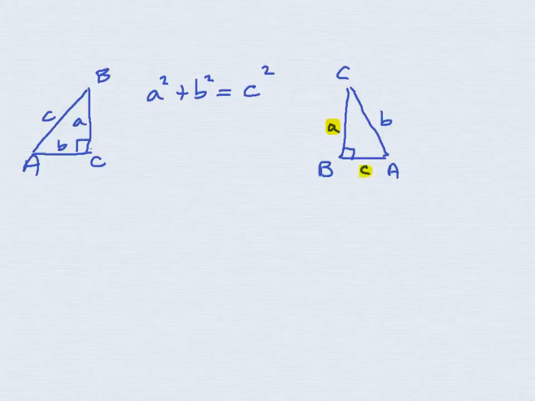It would have to be, for this one, the leg a squared, plus the second leg, c squared, equals the hypotenuse b squared.